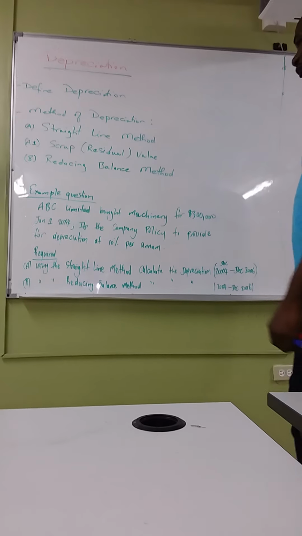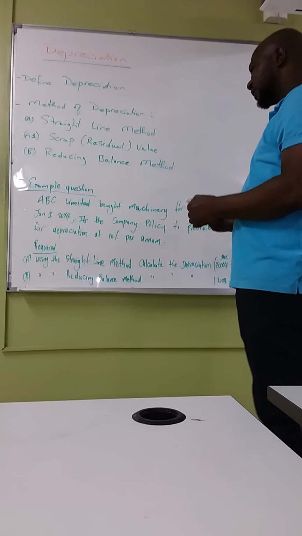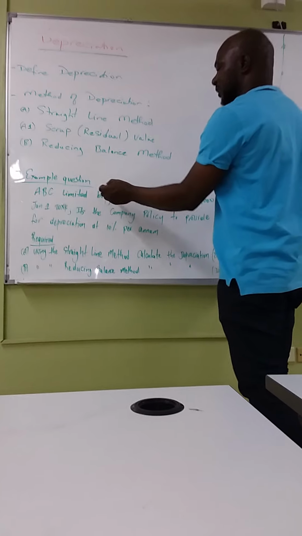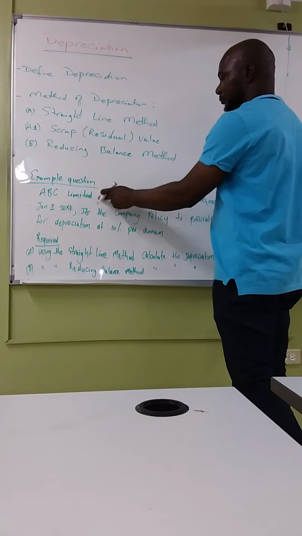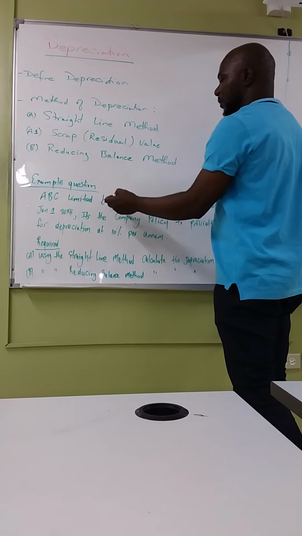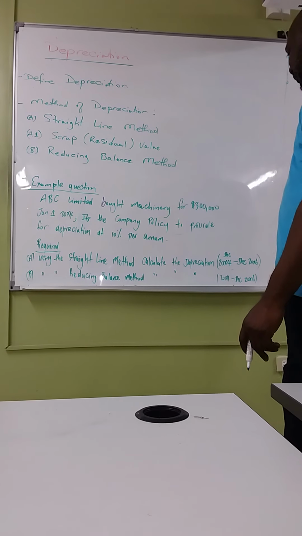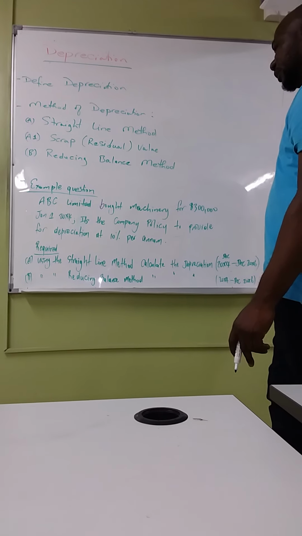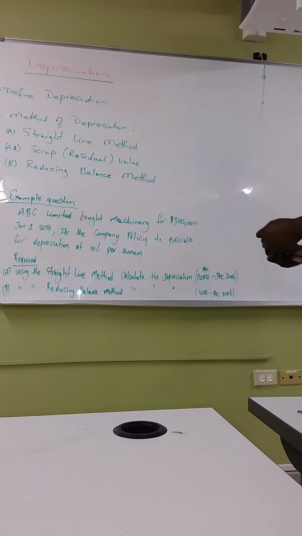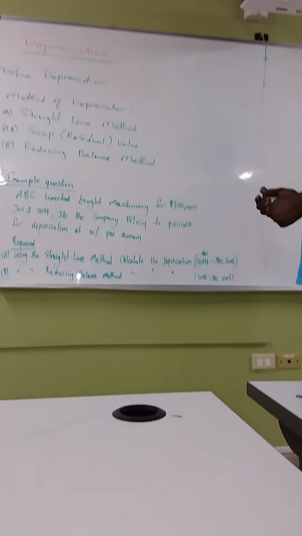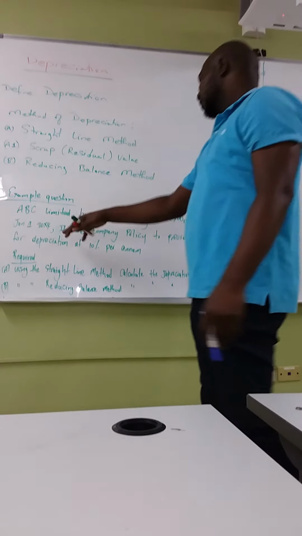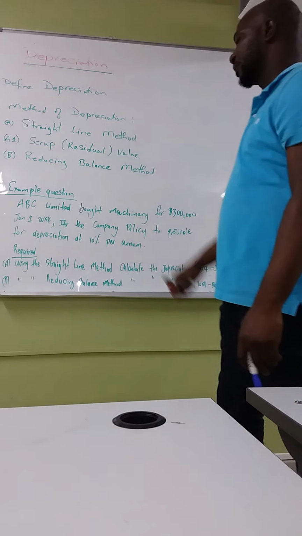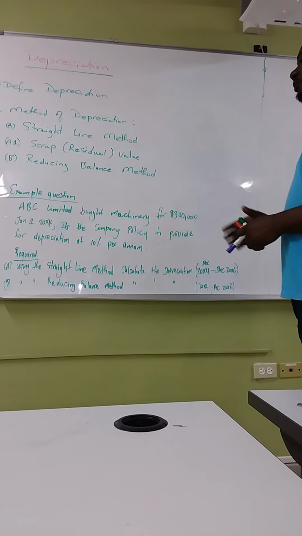The example question basically reads: ABC Limited bought machinery for $300,000 on January 1st, 2004. It's the company's policy to provide for depreciation at 10% per annum.